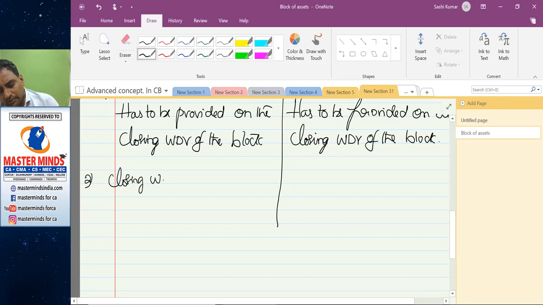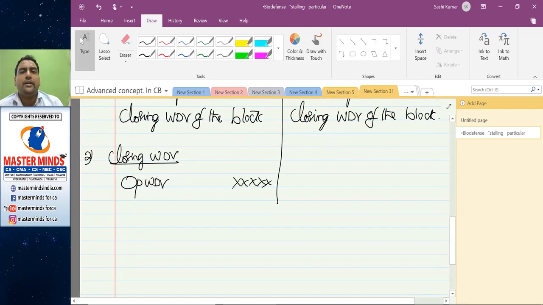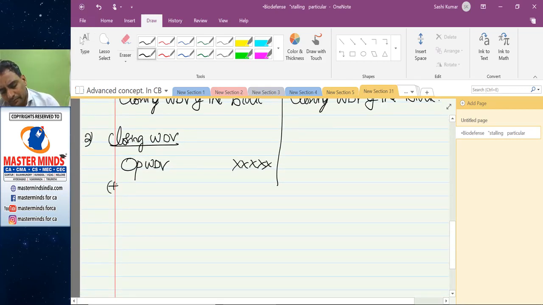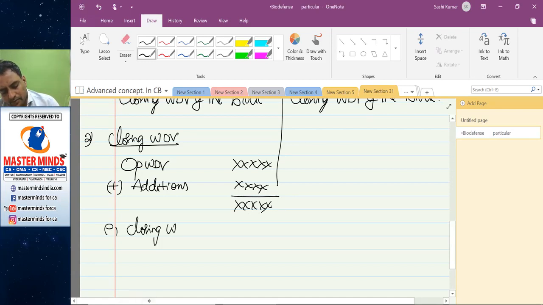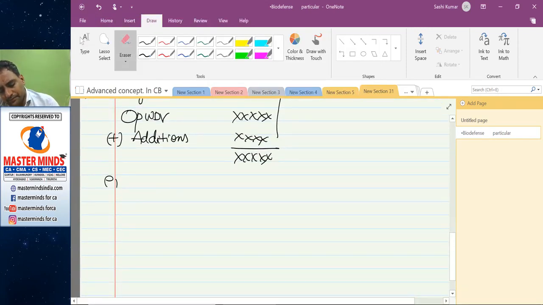How to find closing WDV? Opening WDV. Since it is the only asset in the block, you don't find any opening WDV. Plus additions or purchases, so the cost of the new asset being the addition, less sale of asset, if any.